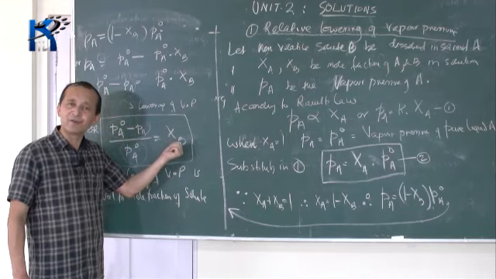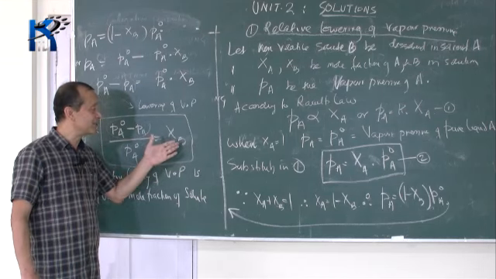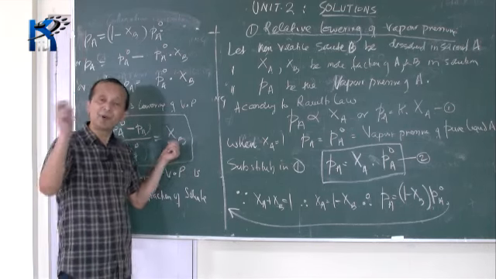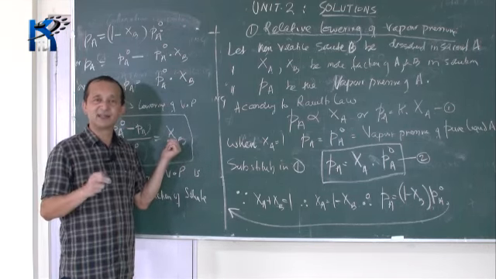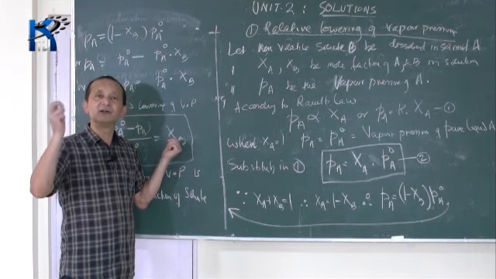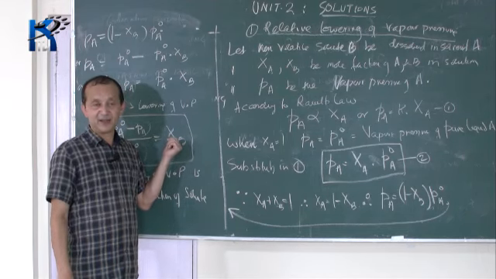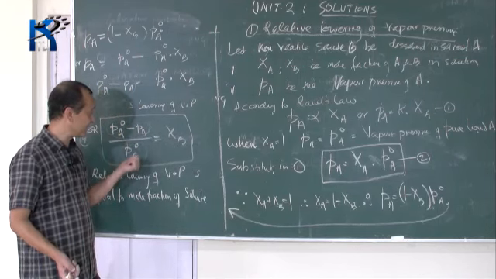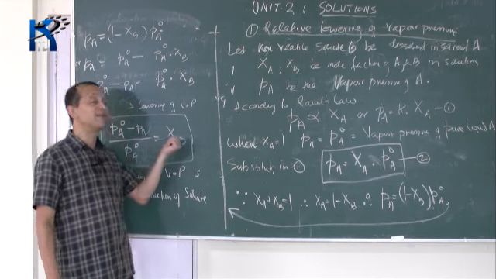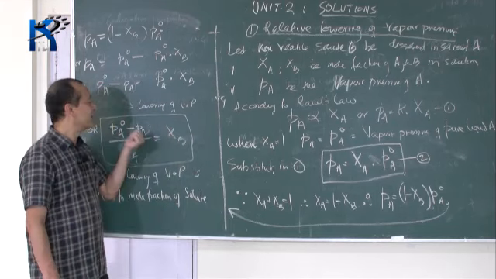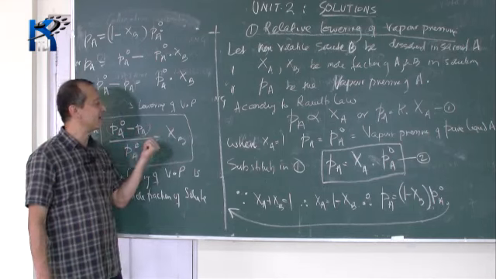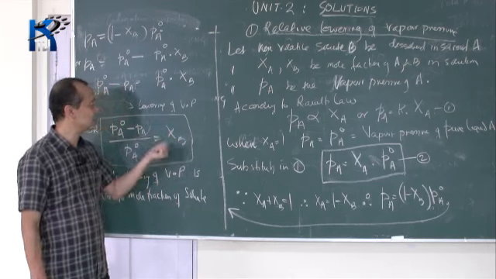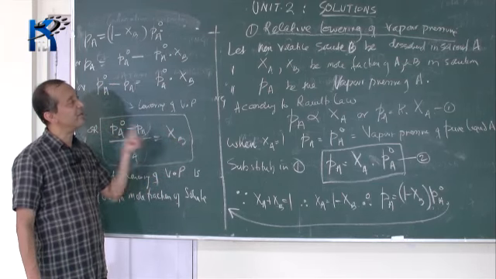This means it is dependent only on the number of moles of the solute present and does not depend upon the nature of the solute. That's why it is a colligative property.